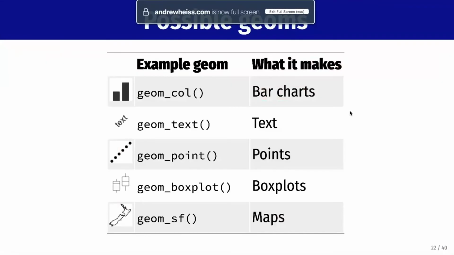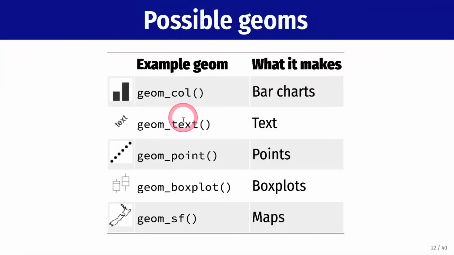But there are other geoms. There's geom col, geom text, geom point, box plot. The thing we're going to be working with in a minute is this geom SF for simple features, which lets you plot maps. And then you can also fill the maps by colors. If you want to fill by population or fill by vote share, you can color them. You can have different borders. You can have different transparencies.